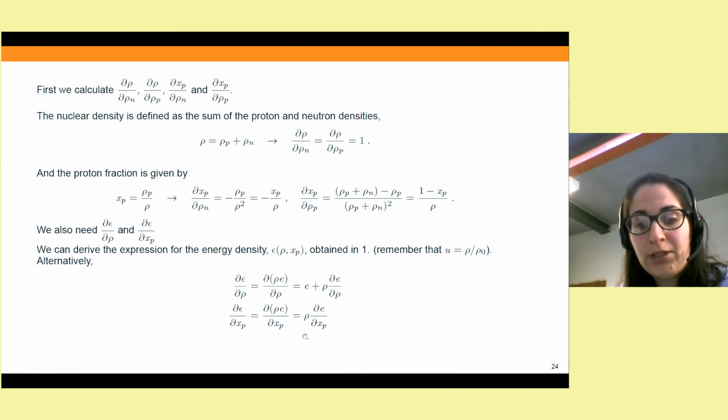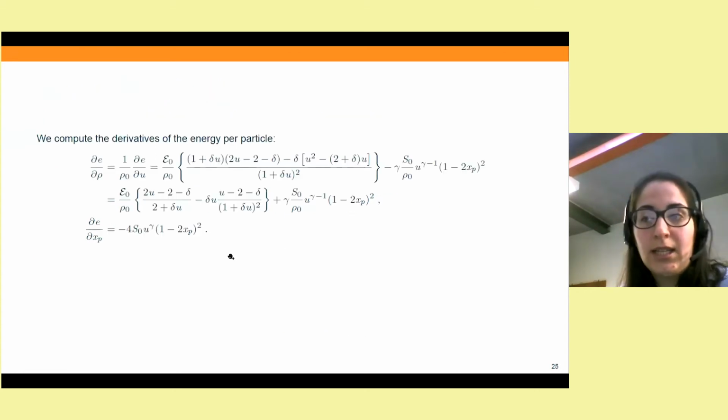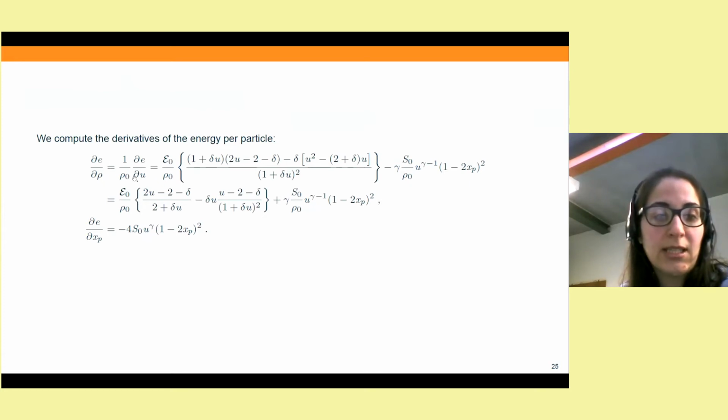And for the proton fraction, the derivative is just the density times the derivative of the energy per particle with respect to the proton fraction. So we just applied these derivatives to the expression that we were given in the exercise, okay? These are quite long derivatives, but they are straightforward.